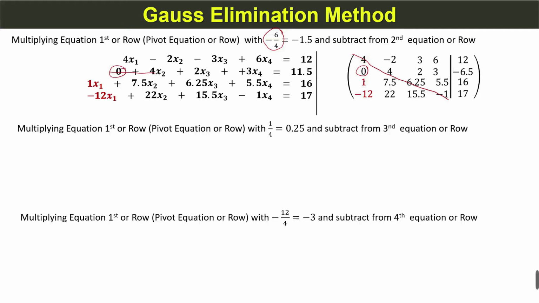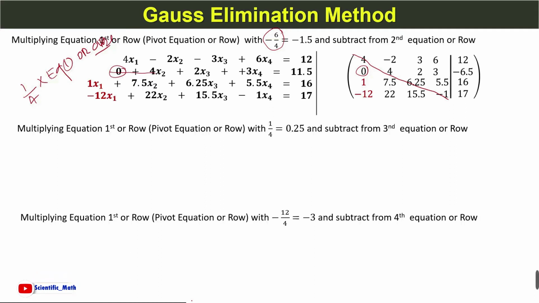In the next step we multiply equation 1 or row 1 by 1 divided by 4.